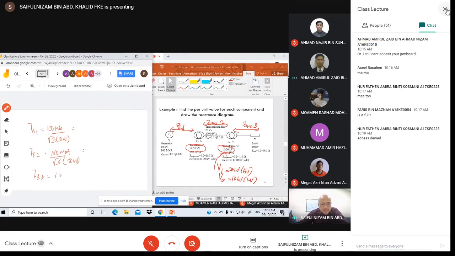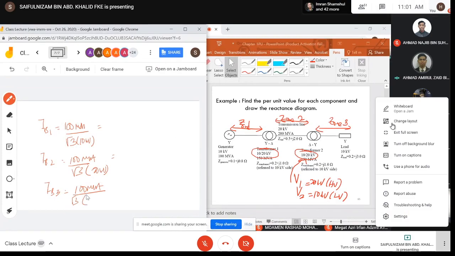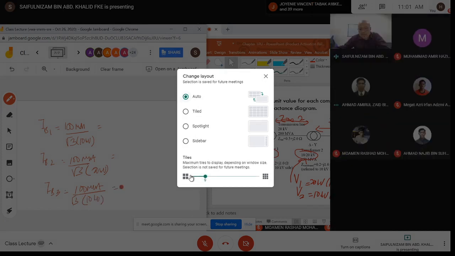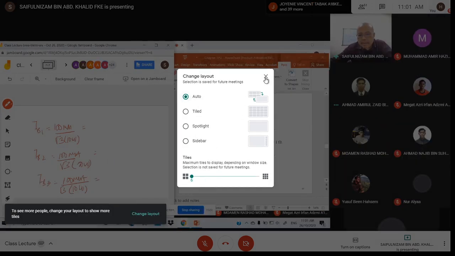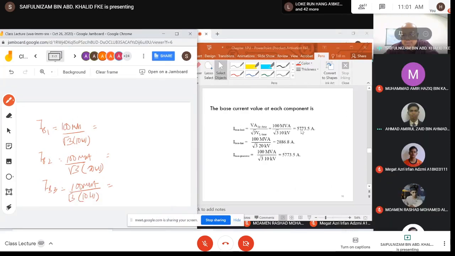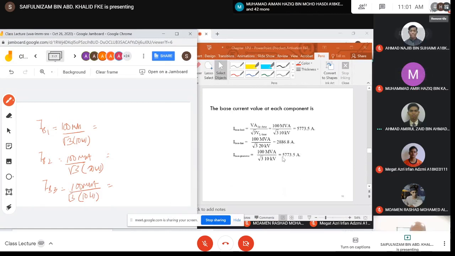IB3 equals 100 MVA, S base remains, divided by √3 times 10 kV, the new base voltage at zone 3. So you should get 5773.5 for zone 1, this one for zone 2 and this one for zone 3. Zone 1 and zone 3 are the same.